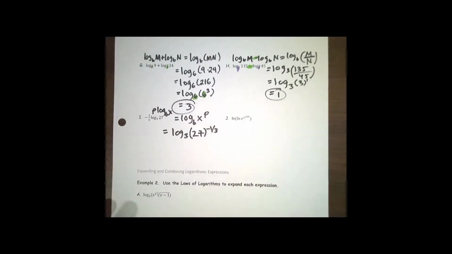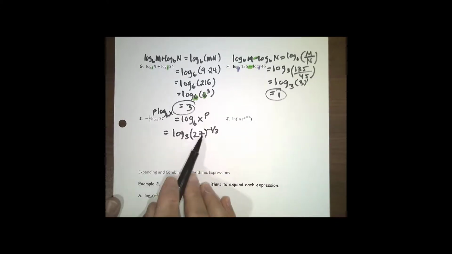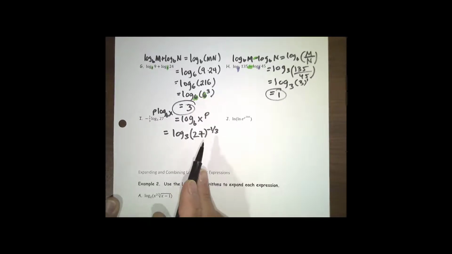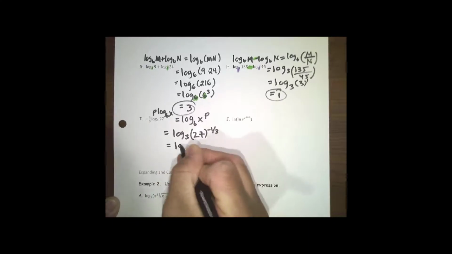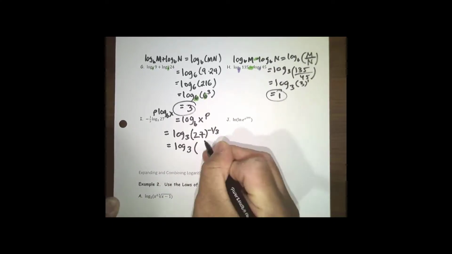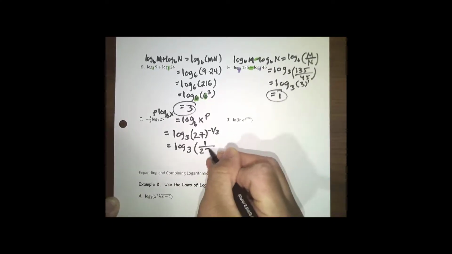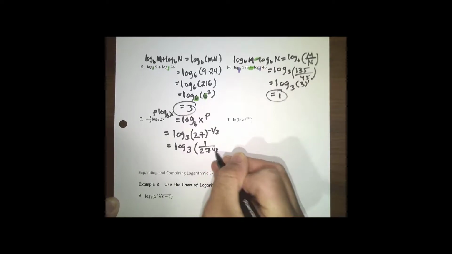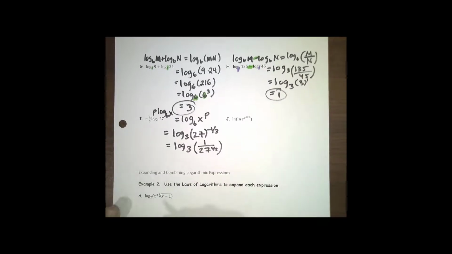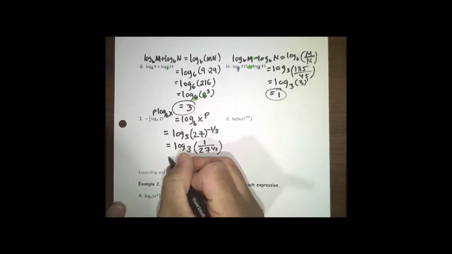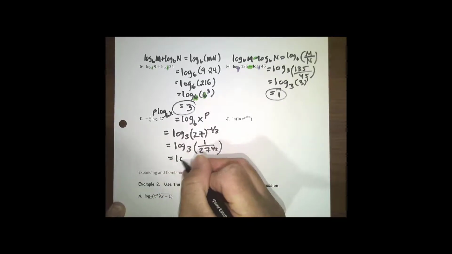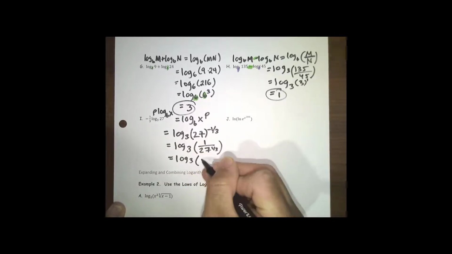Then that negative means, what am I going to do now? That means bring that to the denominator. So that's log base 3 of 1 over 27 to the 1/3 power, and 27 to the 1/3 power is 3, so it's log base 3 of 1/3.